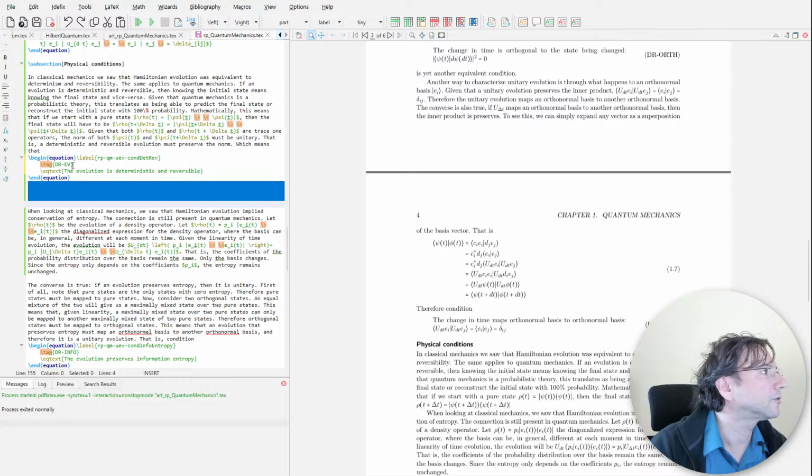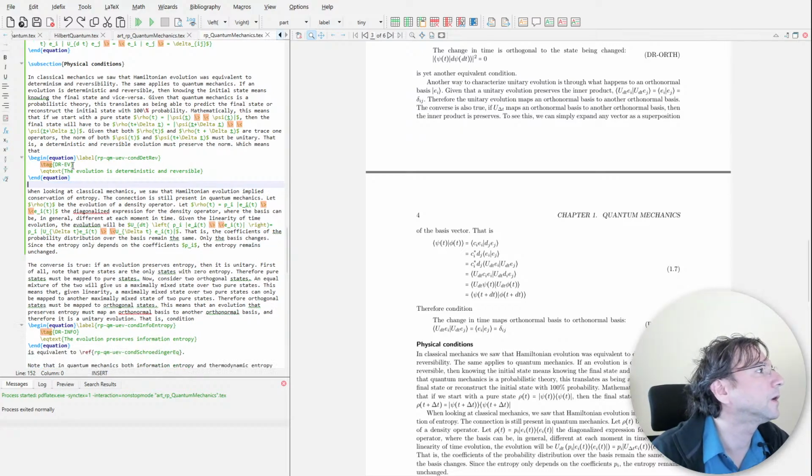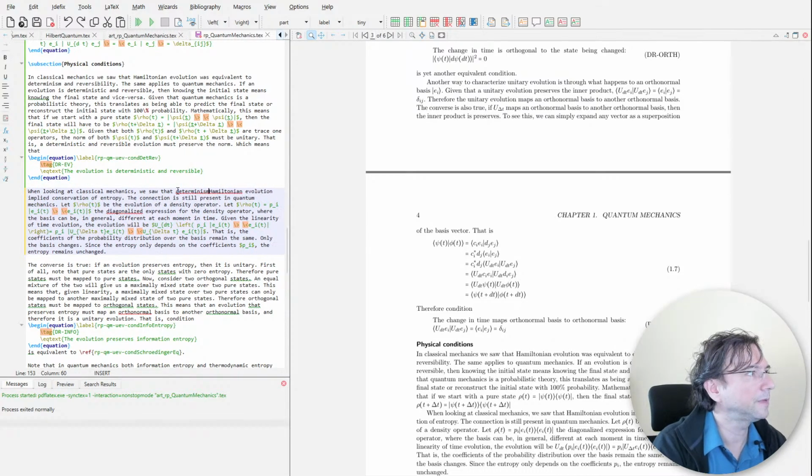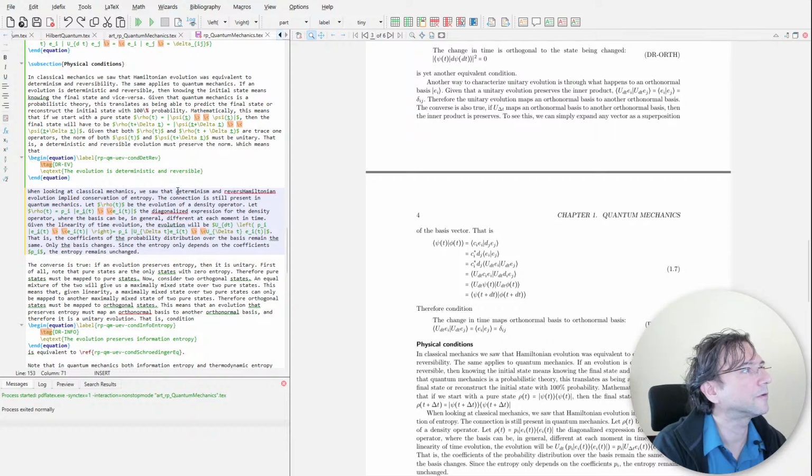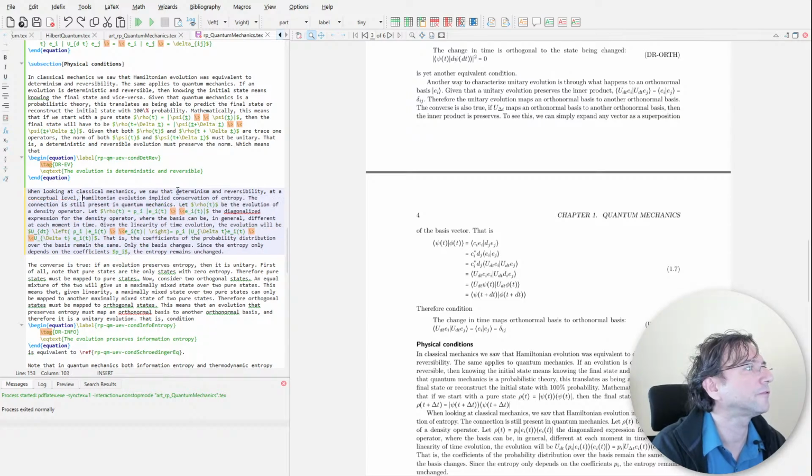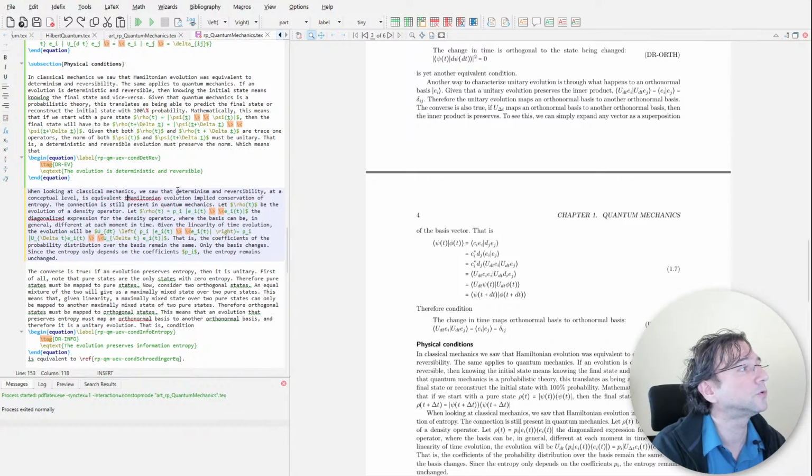Okay, and then we can go to the information theoretic one. When looking at classical thermodynamics, we saw that determinism and reversibility at a conceptual level is equivalent to conservation of information entropy.